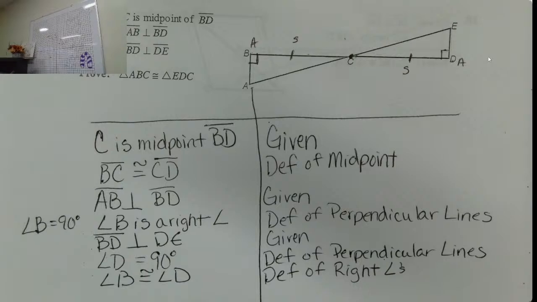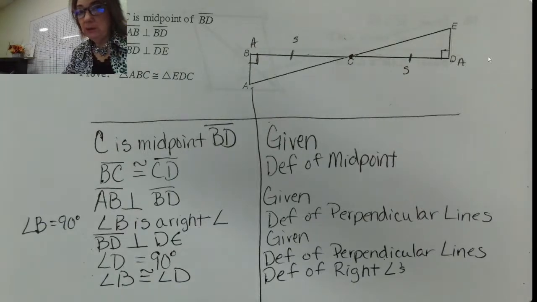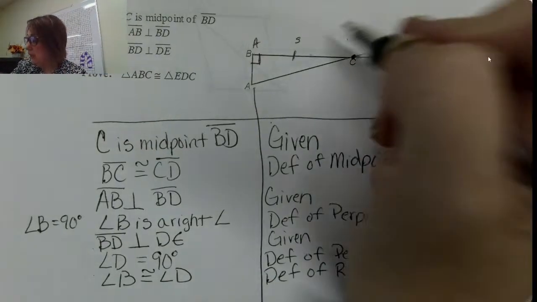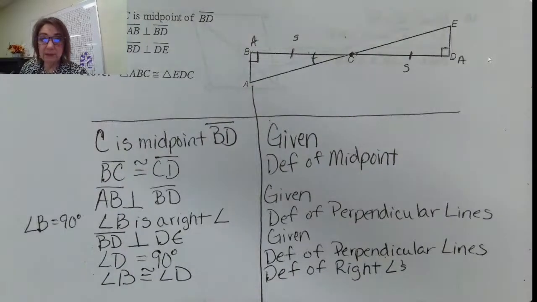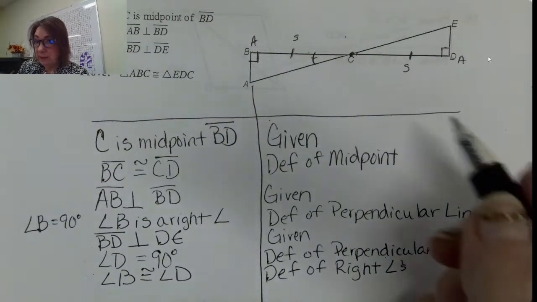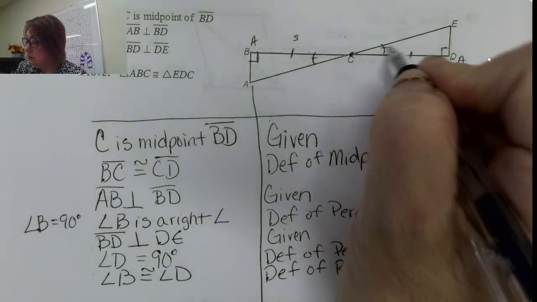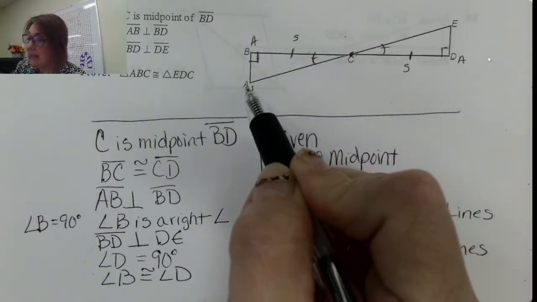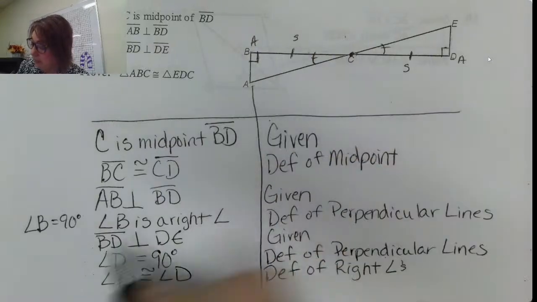Do we know anything about any of the angles on there? What angle do we know information about that we haven't already talked about? Those vertical angles. BCA, my bad.